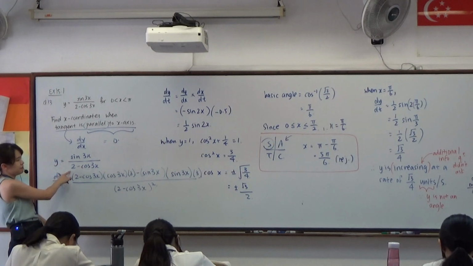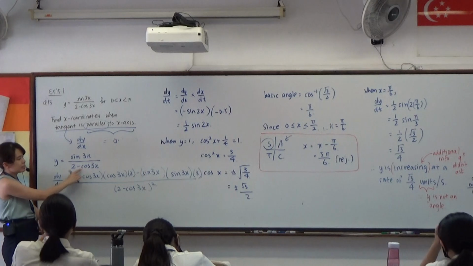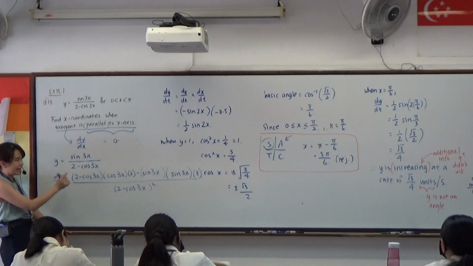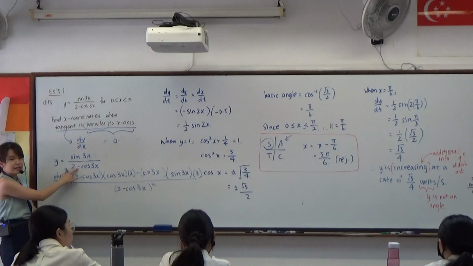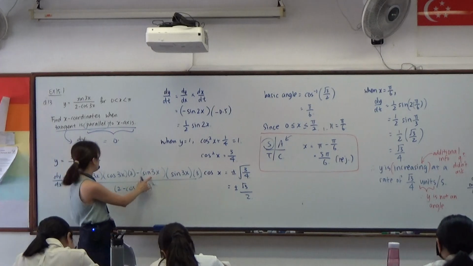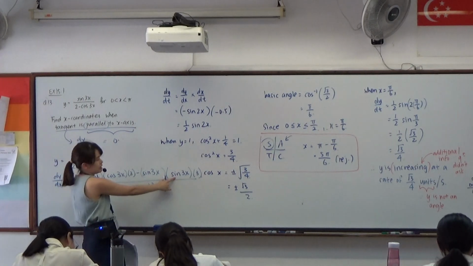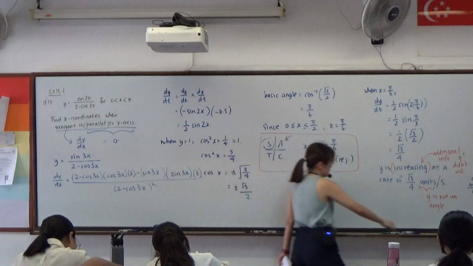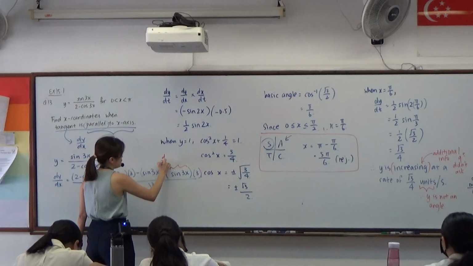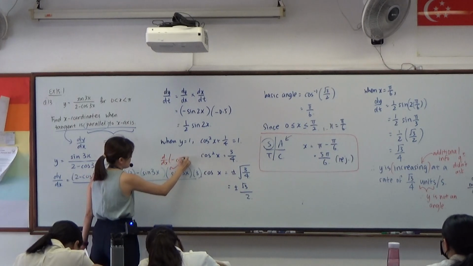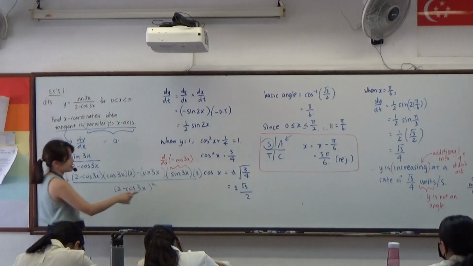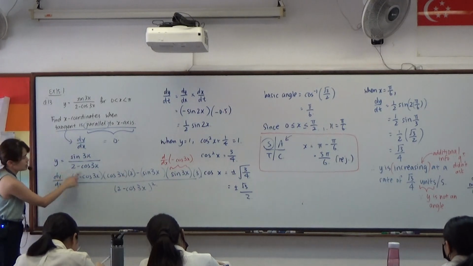Then we keep the top, differentiate the bottom. This is a negative cosine 3x, so differentiating cosine gives us a negative sign, but there's a negative sign in front as well, so negative becomes positive, that's why we get a sine 3x over here. So this sine 3x is a result of differentiating your negative cosine 3x. Then we differentiate 3x as well, we will get a 3. Okay, denominator squared.